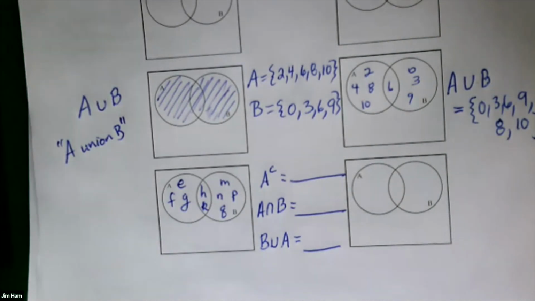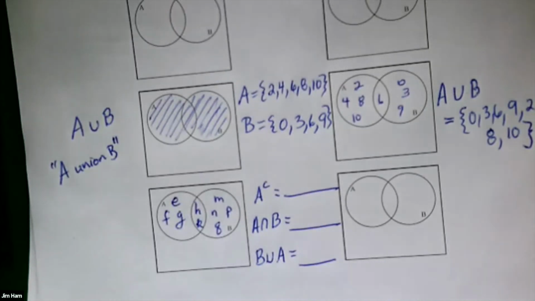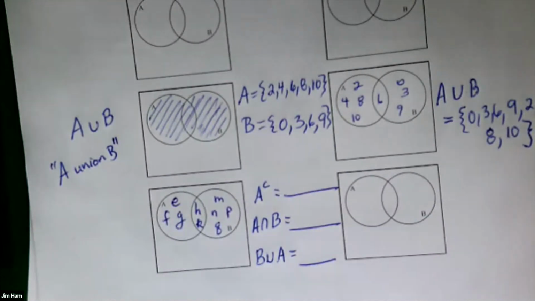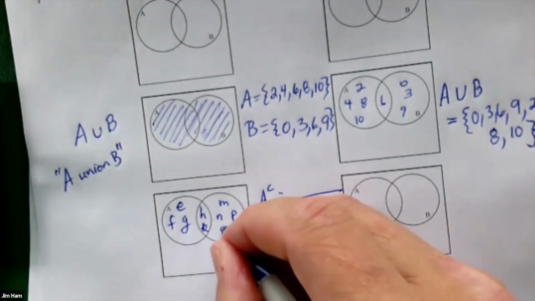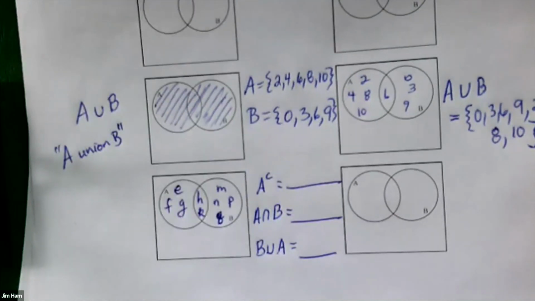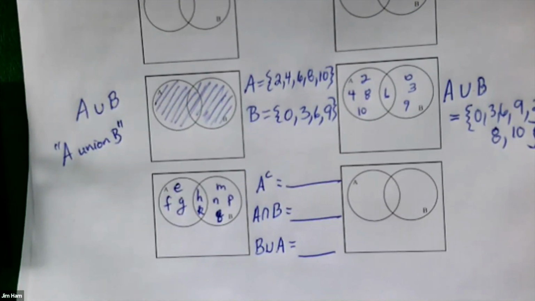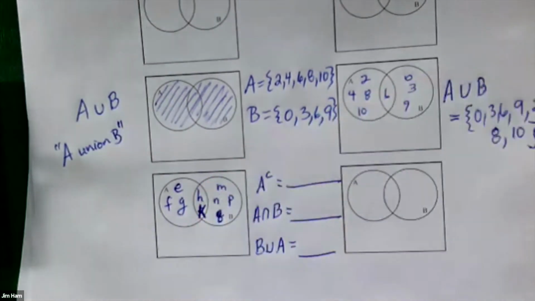So A complement, and A intersect B. Now I'll just spell it out, and then maybe A union B. Yes, this is a Q, sorry. I was trying to do all letters. Maybe if I give it a little tail there. My cursive is not that great, so this is supposed to be K here.